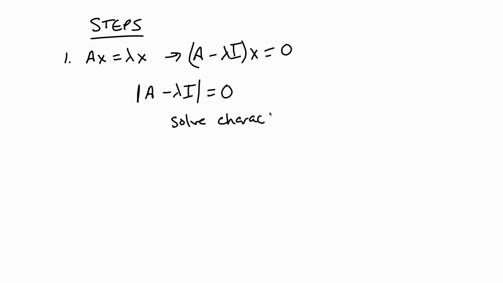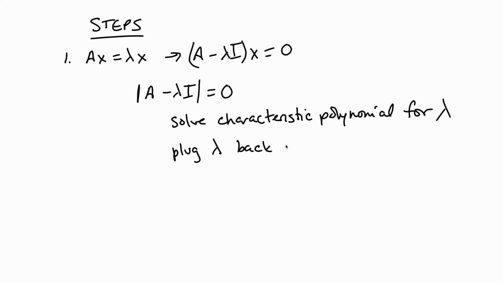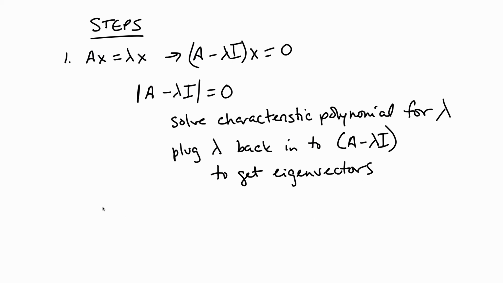Solve the characteristic polynomial for lambda. And then plug your lambda back in to the matrix A minus lambda times I to get the eigenvectors. Or, if A is some matrix, you can just ask MATLAB what the eigenvalues of A are, and it will tell you.